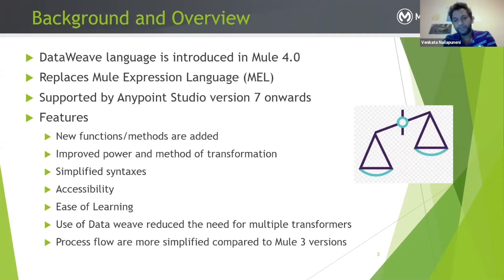The process flows are simplified compared to Mule 3 versions. I've done projects in both Mule 3 and Mule 4. The power of DataWeave is that I've cut down 50% of the flows using it. In simple words, I can define the variables within the DataWeave itself, along with the payload, in a DWL.